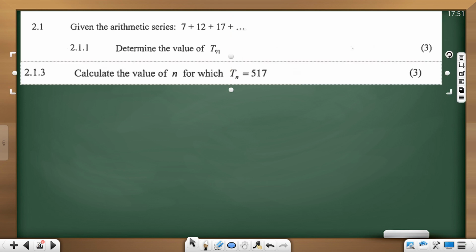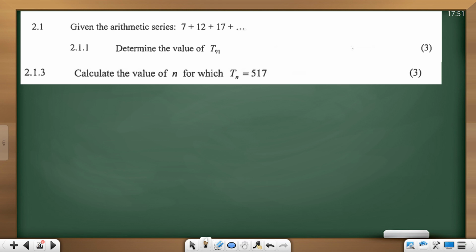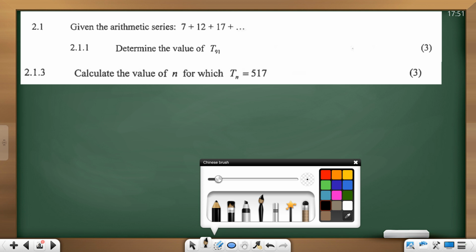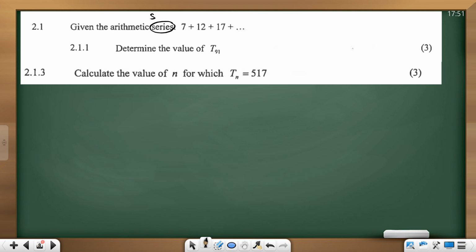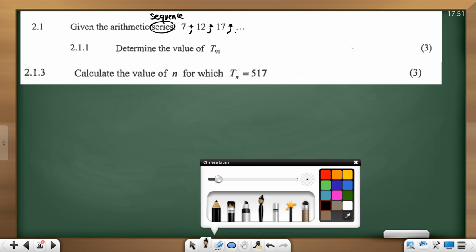Right, number patterns quickly. Given the arithmetic sequence 7, 12, determine the value of T91. Okay, we're not doing series, so our difference.